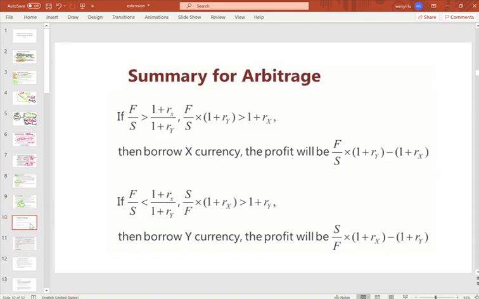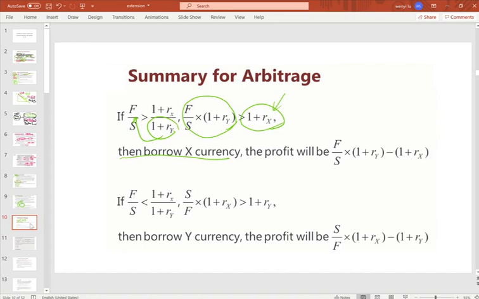For example, if F over S is not equal to this one, suppose this one is bigger, then you multiply by 1 plus R Y on this side. So you can see we have 1 plus R X less than what you get in a foreign country. Because the interest rate is lower in the domestic country X, you will borrow X currency in the domestic market, then lend the money to the foreign country Y to get a higher interest.